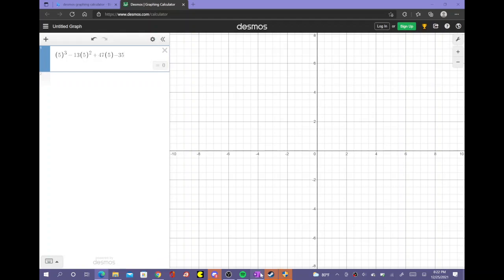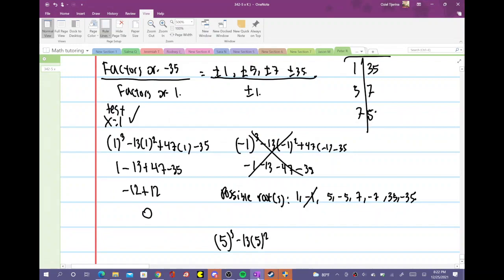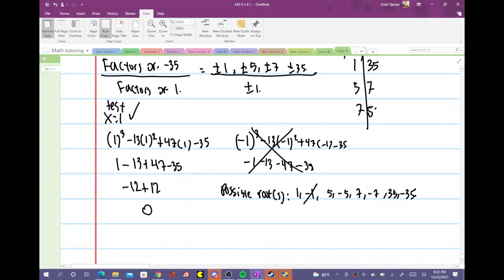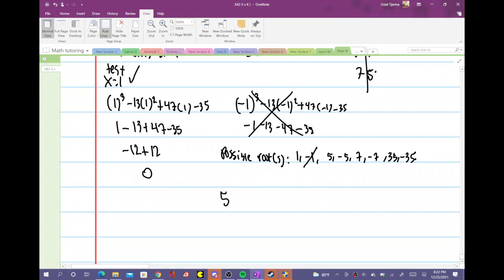As you can see, 5 does work, right? So we know that 5 works just from plugging it in. So 5 is a root.